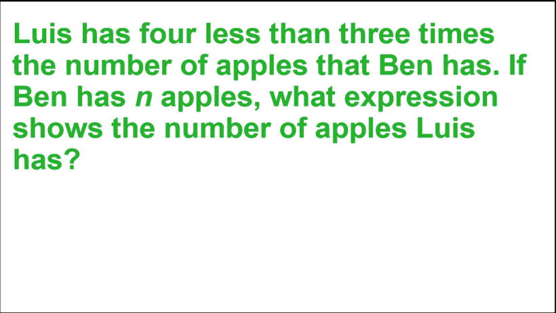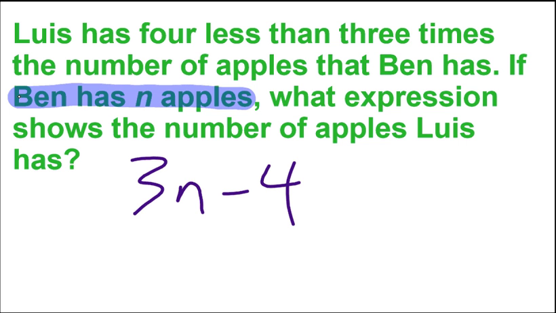Who thinks they have an answer? 3n minus 4 is correct. It says Luis has 4 less than 3 times the number Ben has. So first, Ben has n.